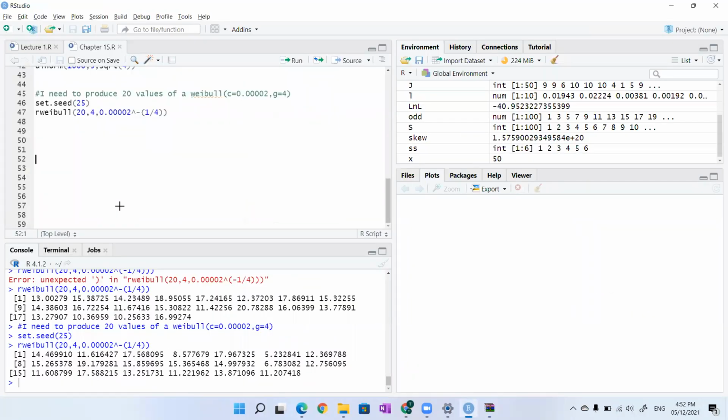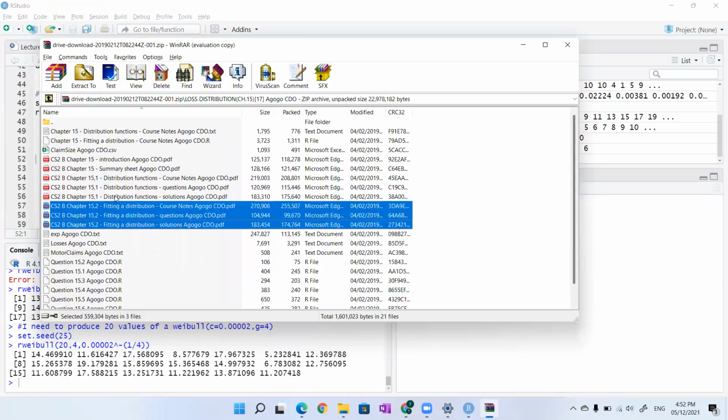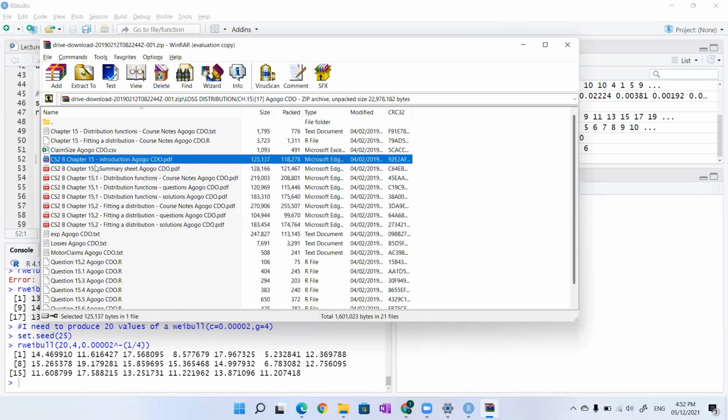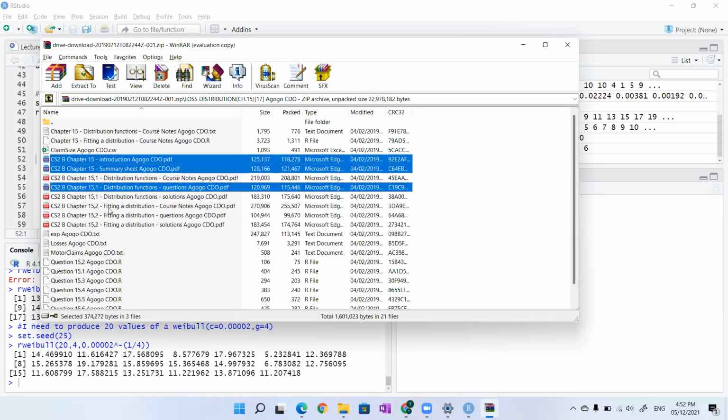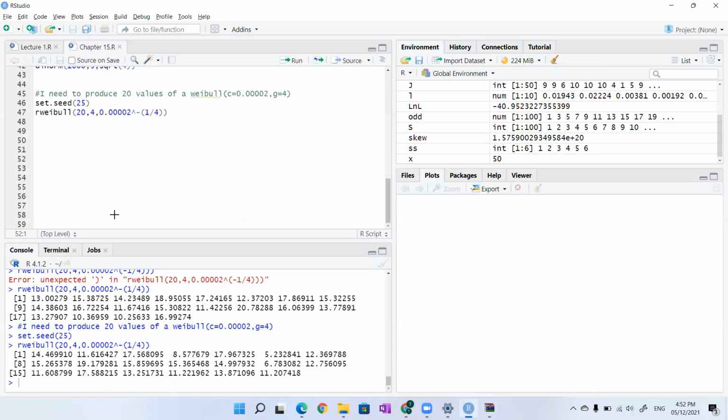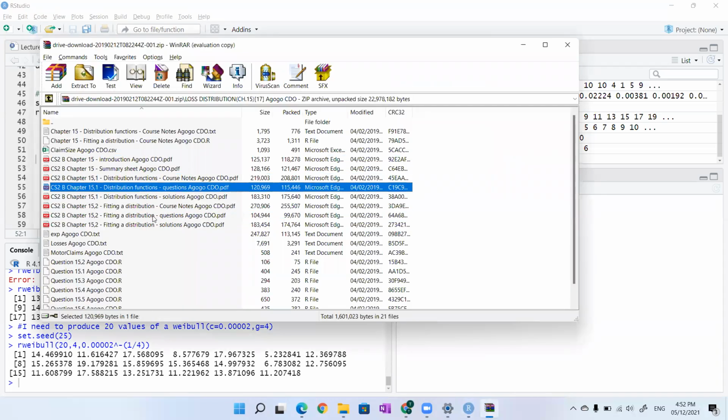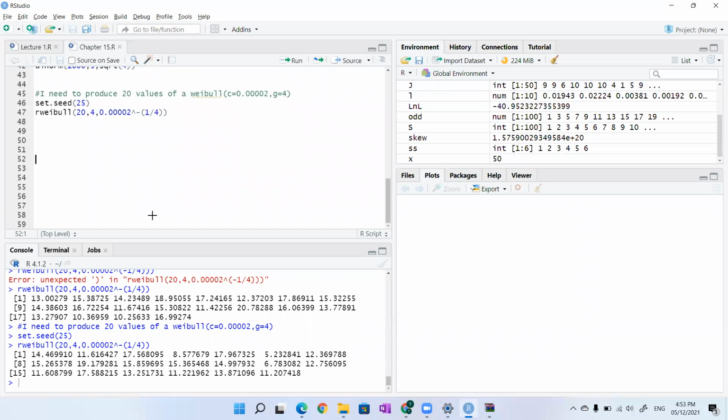Okay, I want you all to take the printout. Whose printout will you take? You will take the printout of the introduction, summary and all the question sheets. Why will you take these printouts? We'll do that later, but whatever your mistake is with respect to the questions, just write it there in a red pen.